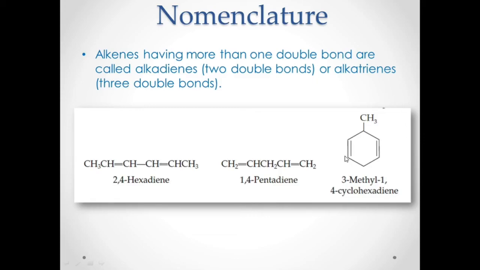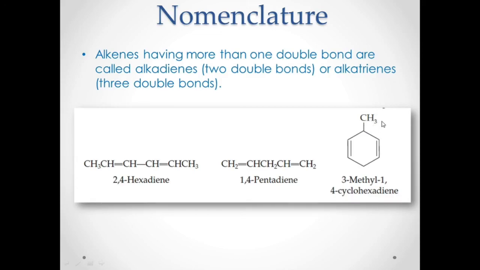However, if you make this carbon number 1, then that becomes carbon number 2, and therefore your substituent would attain the lowest number, which is on carbon number 3, then 4, 5, and 6. Okay, so that's how you number. Or this one, you can also make carbon number 1, 2, 3, 4, 5, and 6.